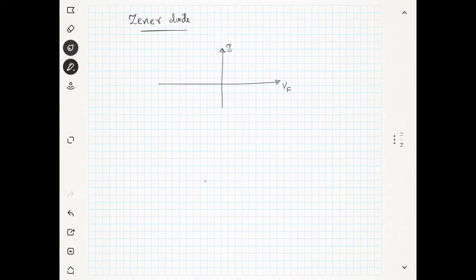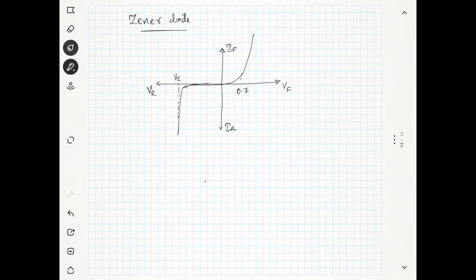This is the forward current, and this is the reverse current and the reverse bias voltage. The voltage at which the breakdown happens we will call the Zener voltage, and in the forward bias region you will have the characteristics something like this.